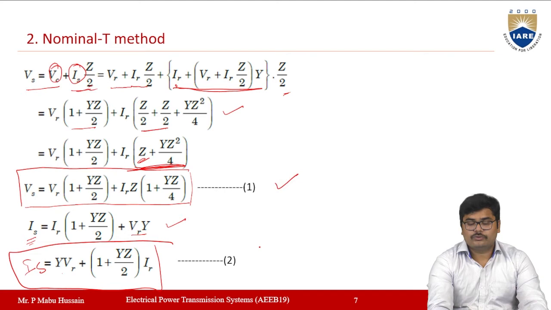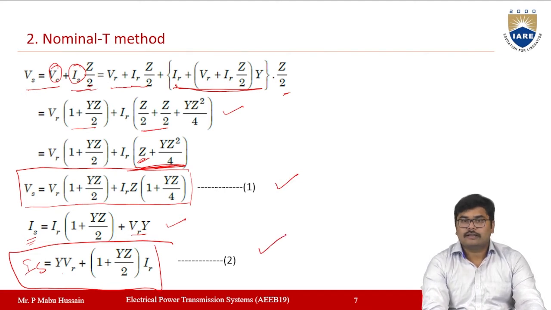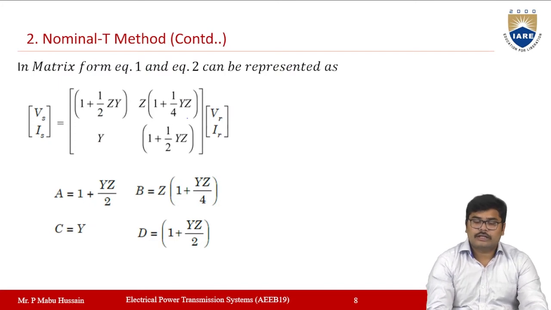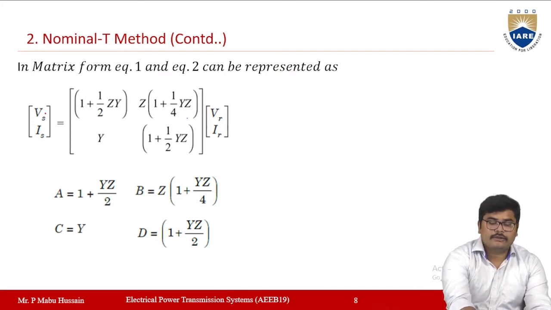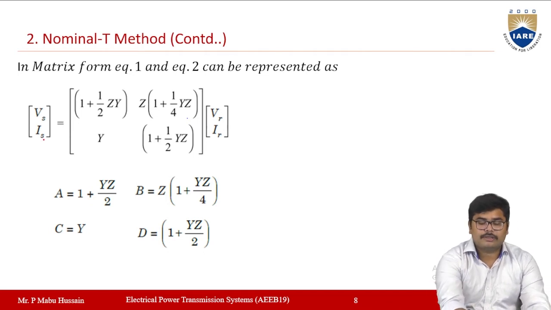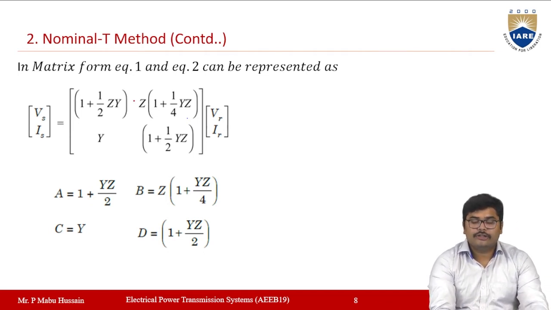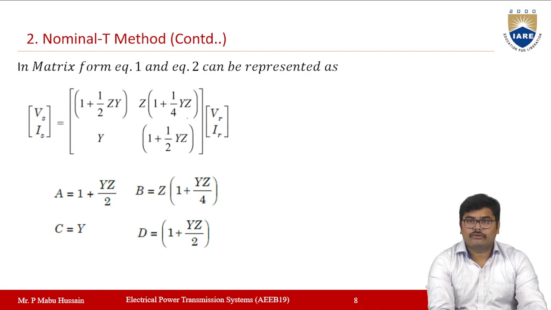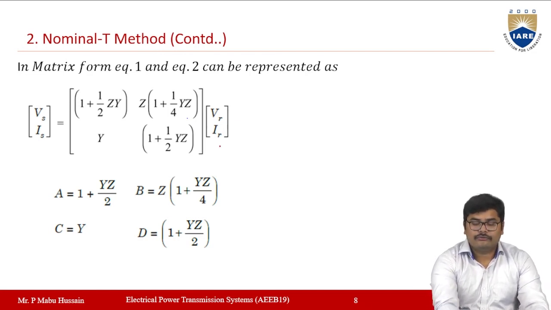Okay, now these two, the sending end voltage and sending end current, can be represented in matrix form. Once you represent them in matrix form, you can write Vs, Is equal to the matrix 1 plus YZ by 2, Z into 1 plus 1 by 4 YZ, Y, 1 plus YZ by 2, multiplied by VR, IR.